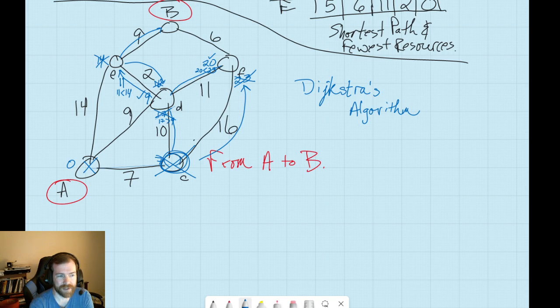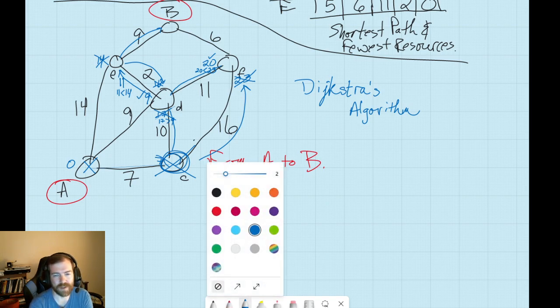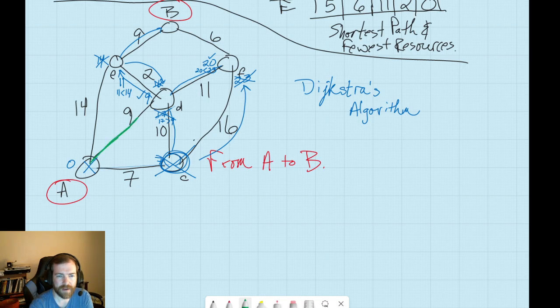Which means that this is the best path in terms of the shortest distance from A to D. And then either, we don't know yet, wink wink nudge nudge, whether it's going to be better to go from A to D to E to B, or A to D to F to B.